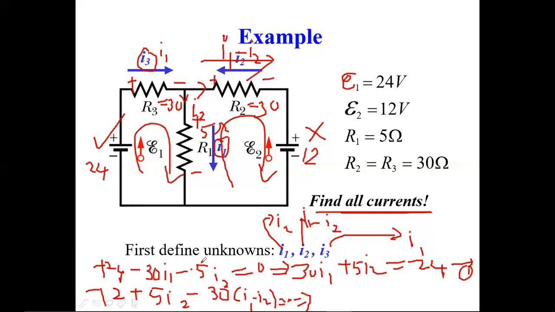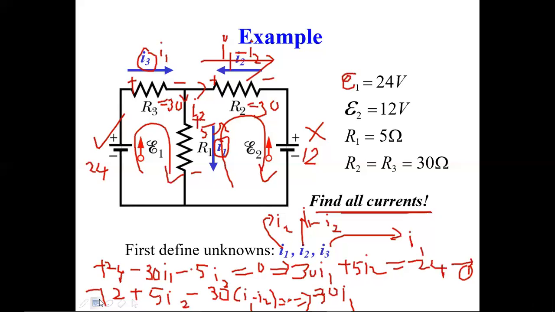Then 30 I1 minus 35 I2 is equal to minus 12. So that is equation number 2. Let me write that equation also, clearly, minus 30 I1.